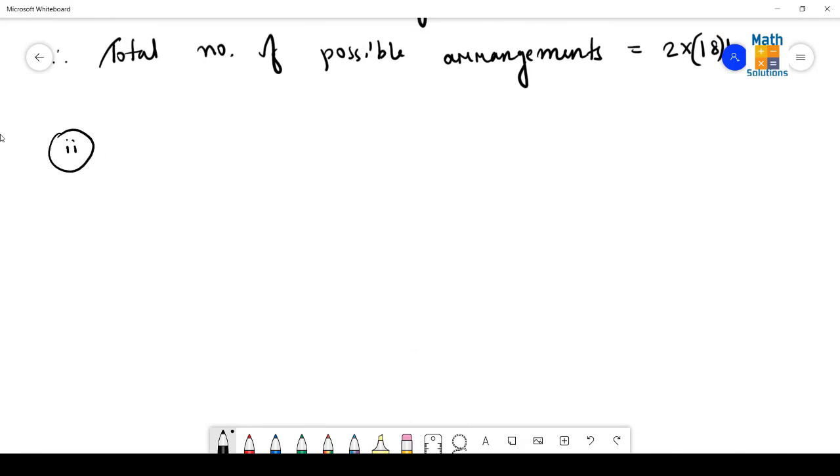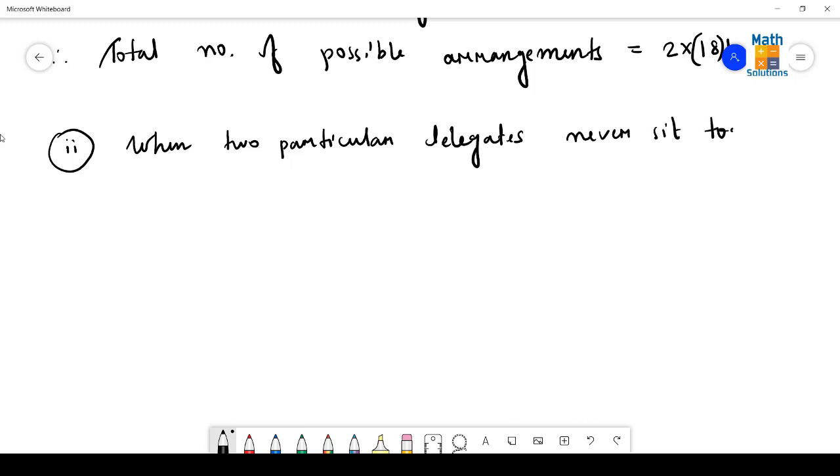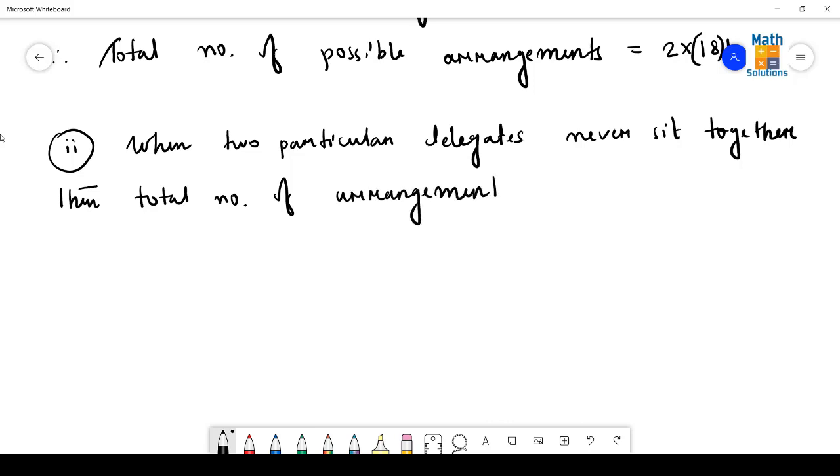Okay, so here we are going to write in the second answer part. In the second case, we shall write: when two particular delegates never sit together, then the total number of arrangements is equal to, from 19 factorial we subtract the result that we got just above for two persons sitting together always.